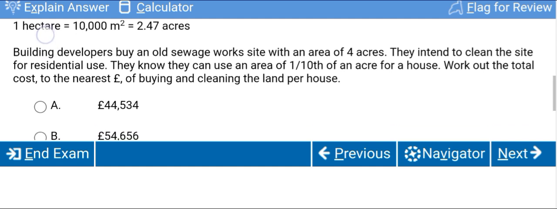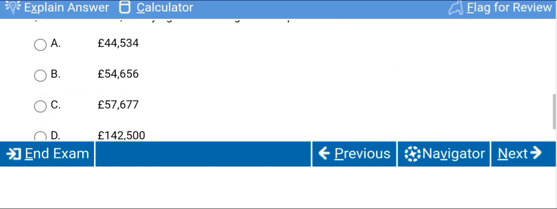So here we have some options. Option A is 44,534 pounds. Option B, 54,656 pounds.